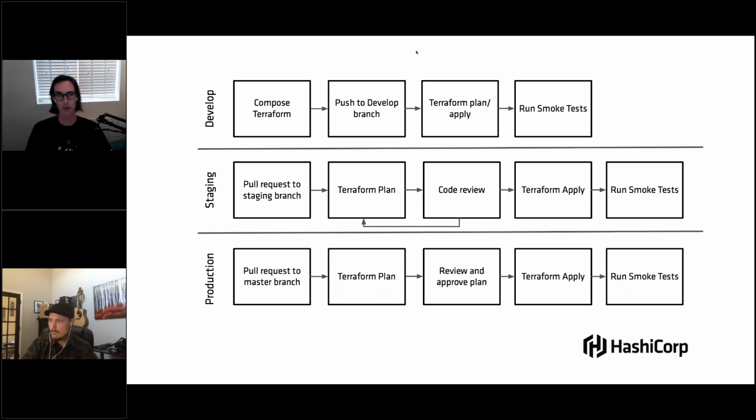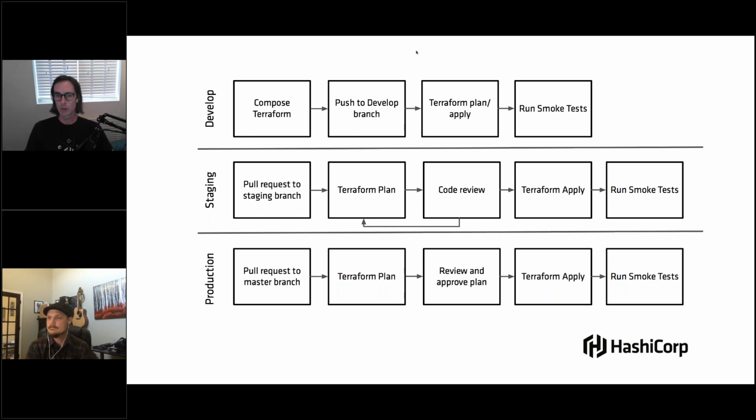We cannot break production. So with Terraform Enterprise, what we've got is the capability to control things through permissions and access control and workflow that allows us to manage those varying levels of need. So for develop, we're quite happy to just push straight out. It's only going to hurt Zach or I if we break it.